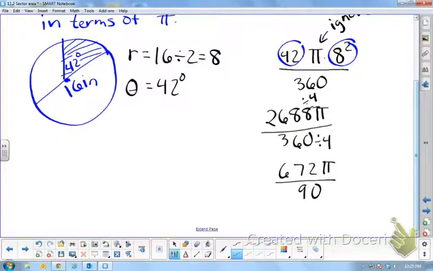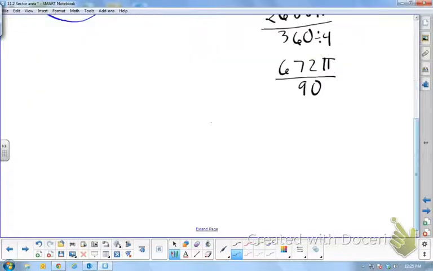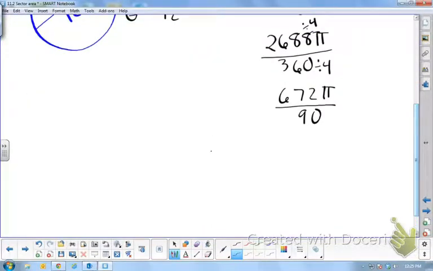We're not done yet. Those are still both even, so they'd still both divide by 2. We could try 4 again, but 90 divided by 4 is 22.5, so it didn't work. So let's stick with 2 for now. 672 divided by 2 is 336 pi. 90 divided by 2 is 45.